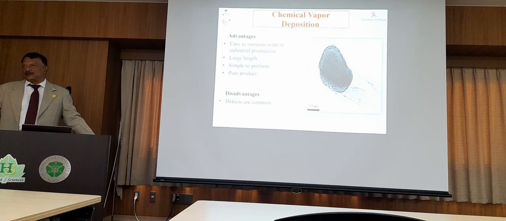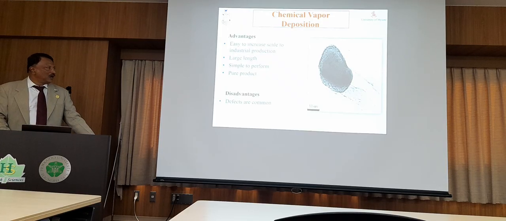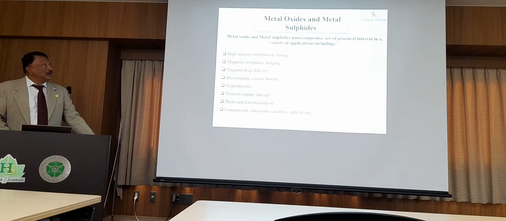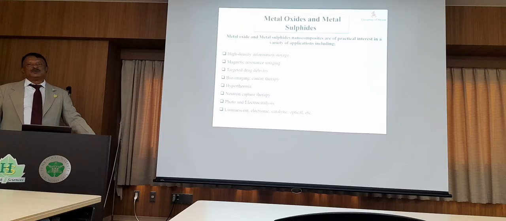But the disadvantage of chemical vapor deposition is that defects are very common, so we need defect-free material. Metal oxides and metal sulfides, which we prepared in a similar way by hydrothermal and solvothermal methods, are used for high density information storage.